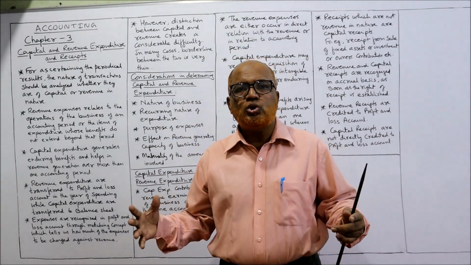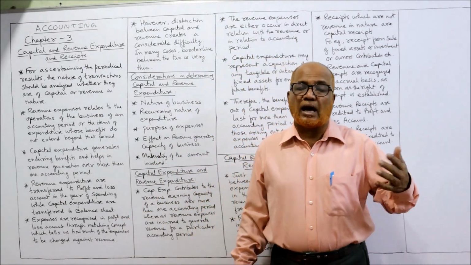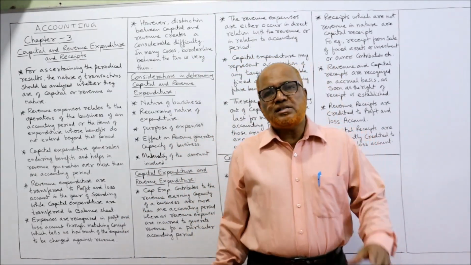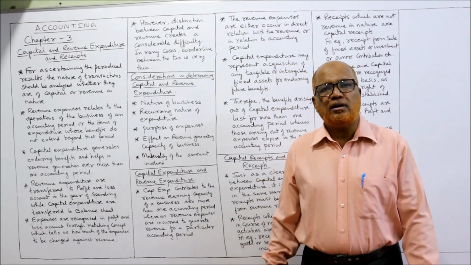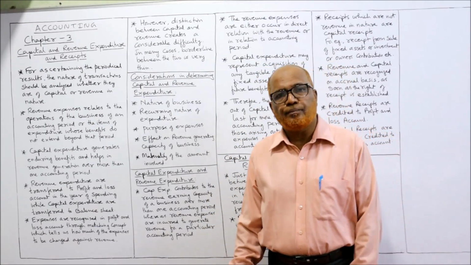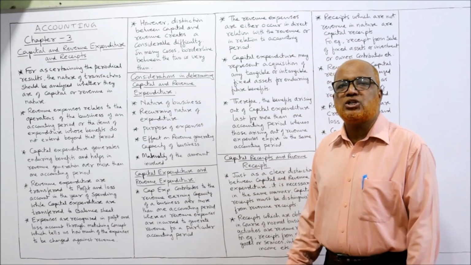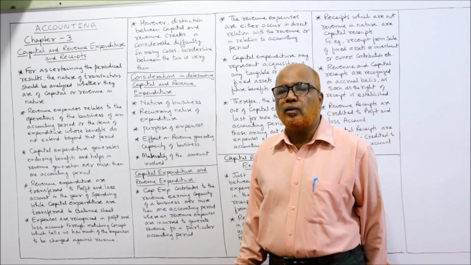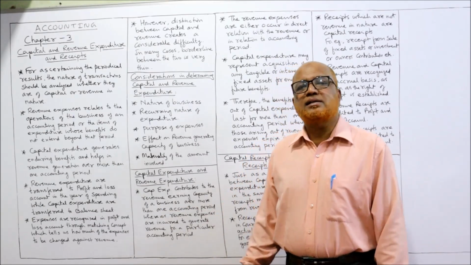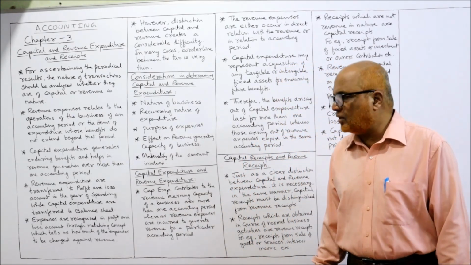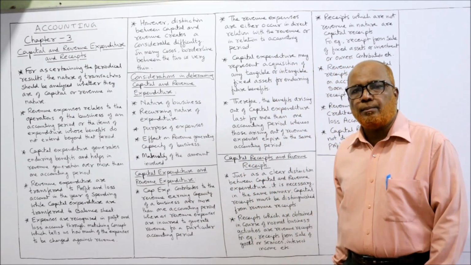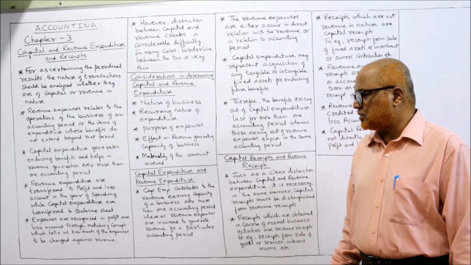Normally, if a huge amount is involved, it's a capital expenditure. Whereas if the amount involved is smaller, it may be treated as a revenue expenditure, right? So these are some of the considerations which must be taken into account while deciding whether the expenditure is capital expenditure or revenue expenditure.